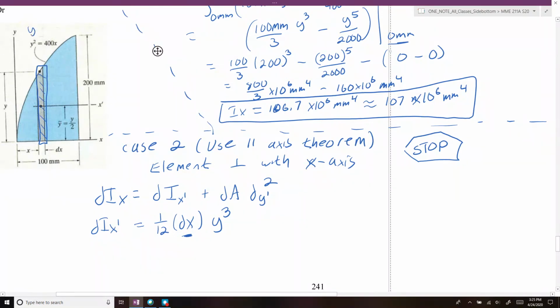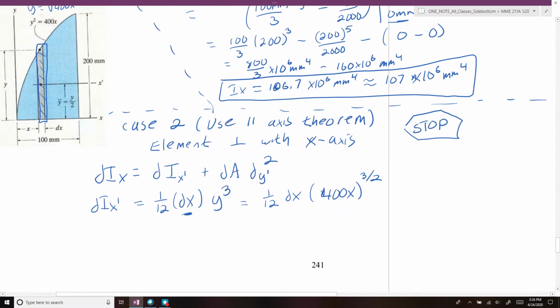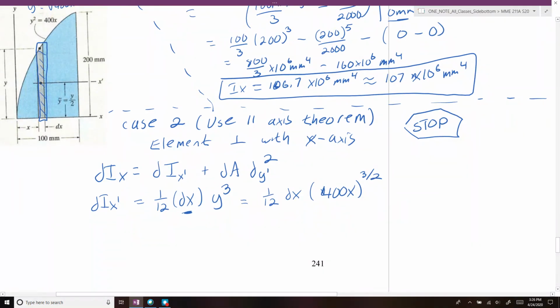We know y is equal to the square root of 400x, so if we plug that in, we get 1/12 dx times the square root of 400x to the 3 halves. Now we have dIx prime defined, and we need to define dA and dy prime.